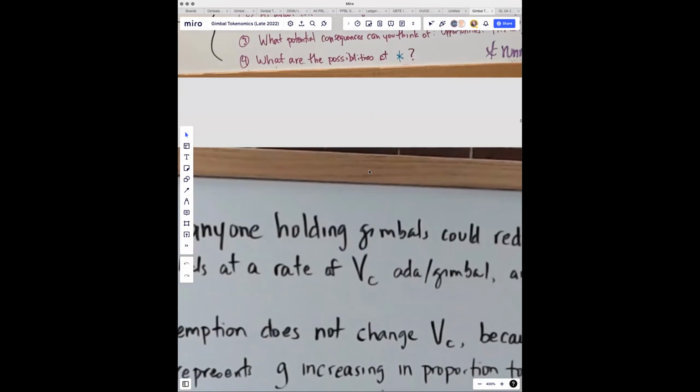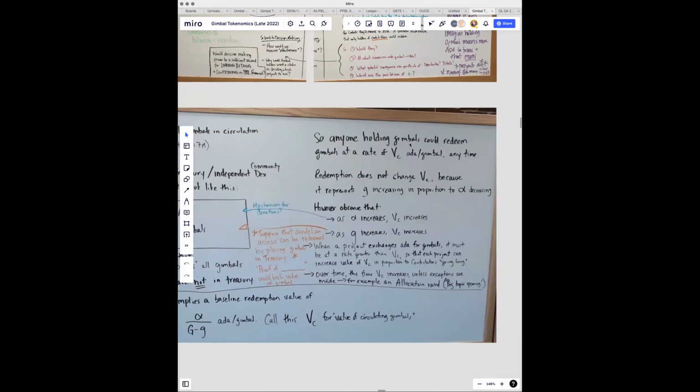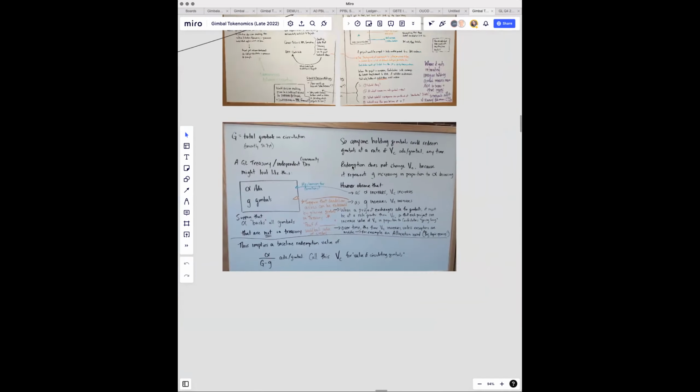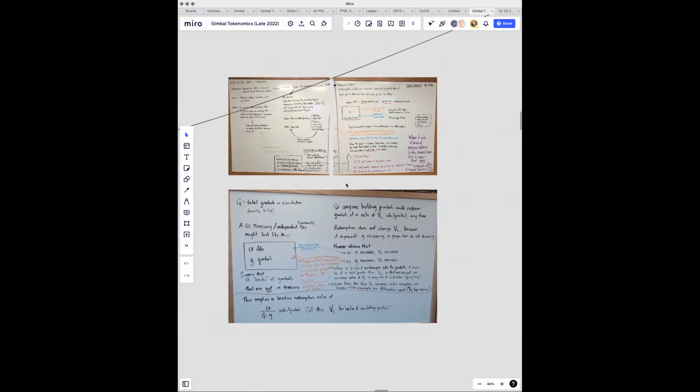But when we make that decision, now every time contributors choose to hold gimbals, ADA in the treasury increases, and that baseline value of gimbals starts to increase over time. That's the core dynamic, and we're starting to develop a system based on this.